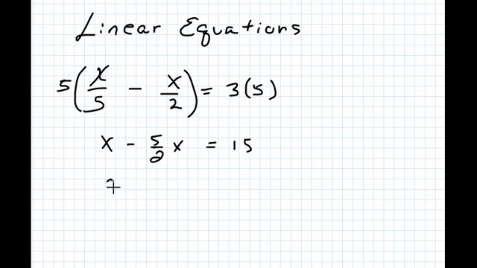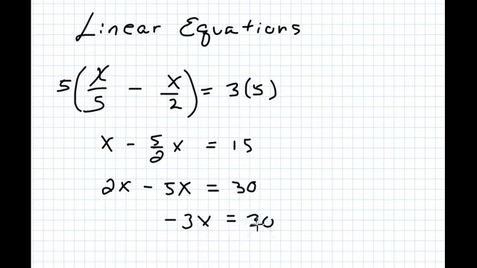So we end up with, and I'm going to skip a step here, hopefully you can keep up. 2 times 15 is 30. So now we have 2x minus 5x, that's a negative 3x, equals 30.